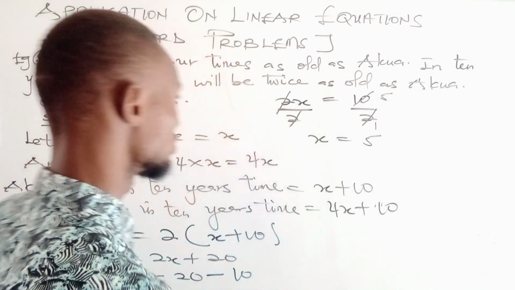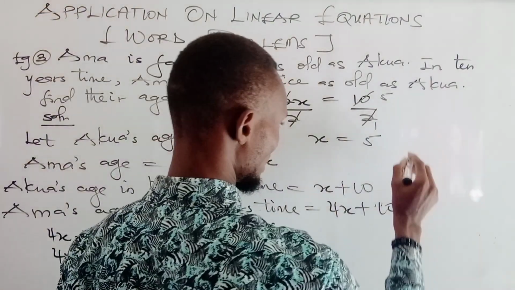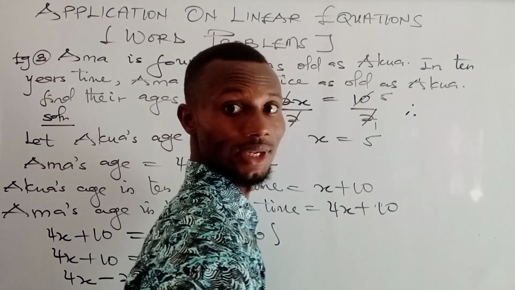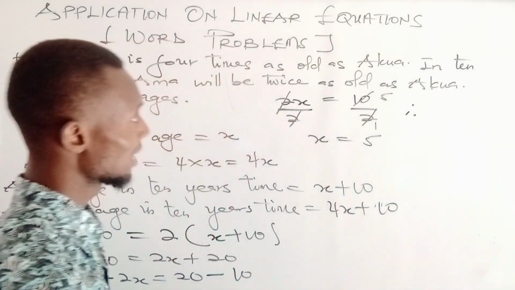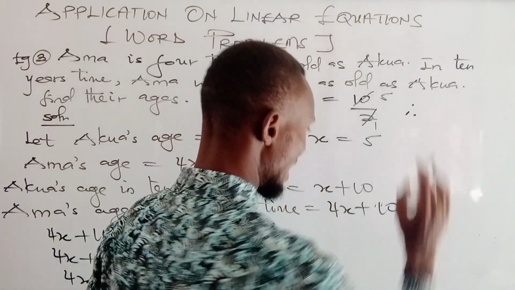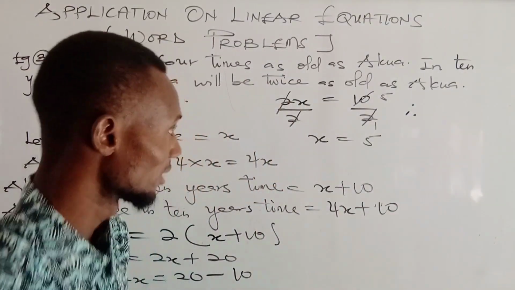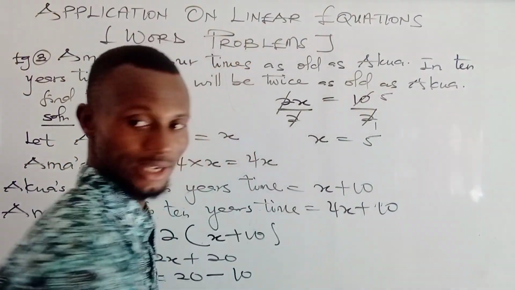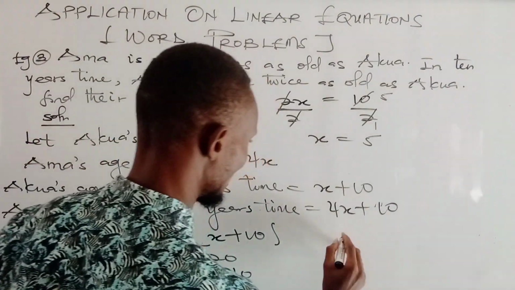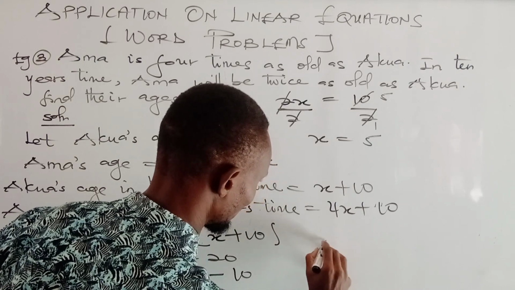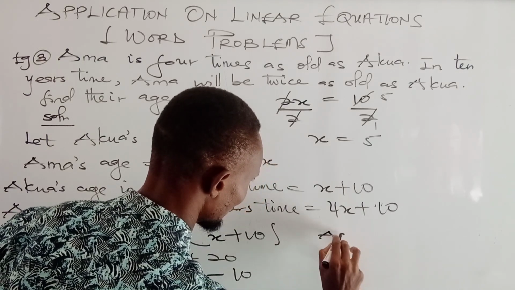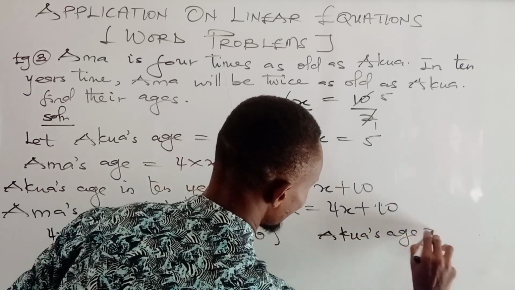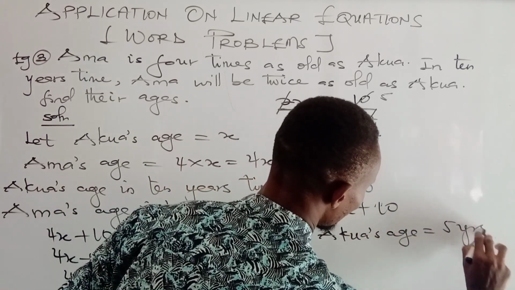So we say that therefore, let me write it down here. Ikue's age is equal to 5 years.